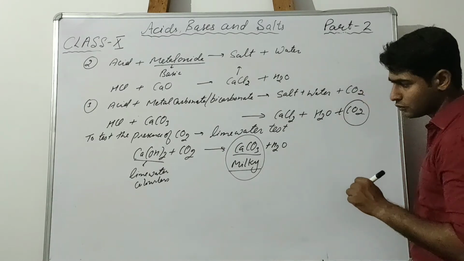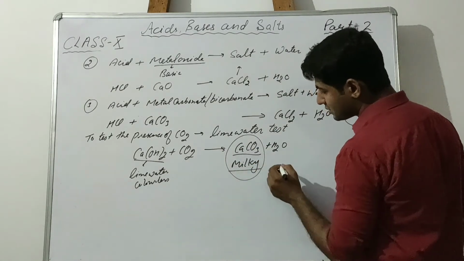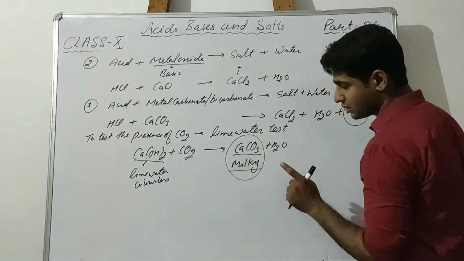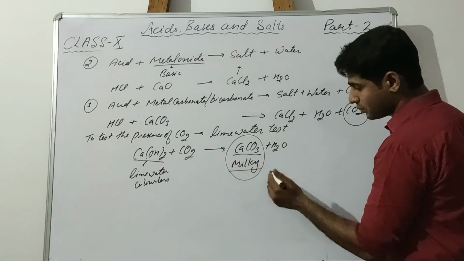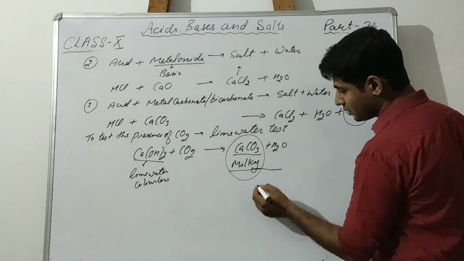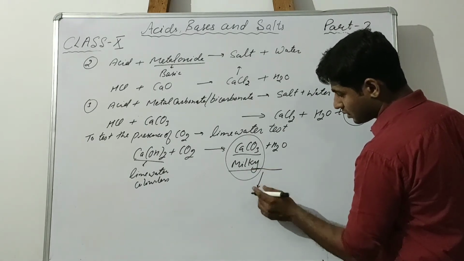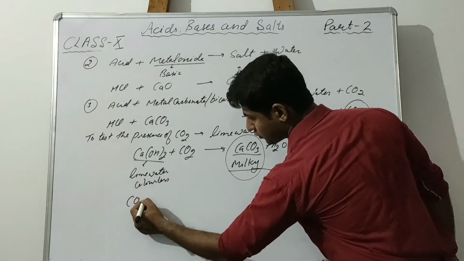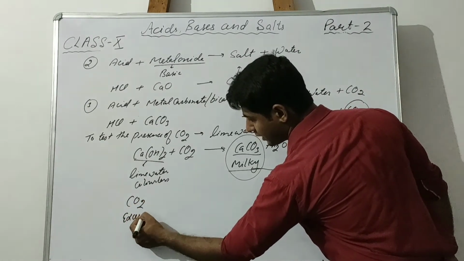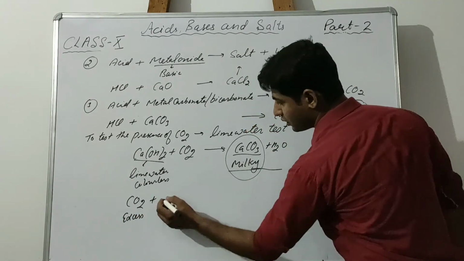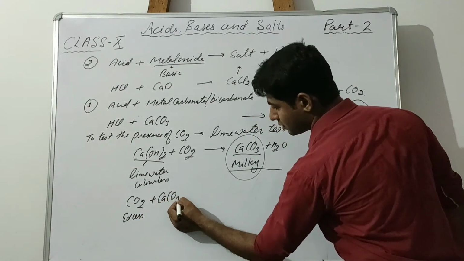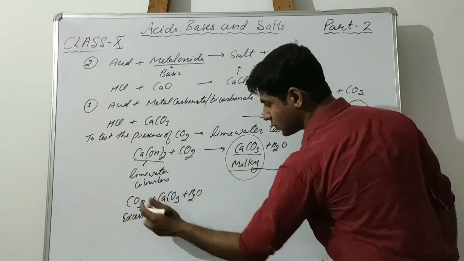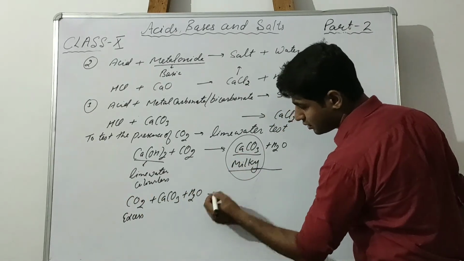One more thing, if we pass excess carbon dioxide during this reaction, then what happens? पहले तो ये प्रोडक्ट बनेगा, और ये प्रोडक्ट बनने के बाद एक्सेस अमाउंट में हम कार्बन डाइऑक्साइड पास करते रहे तो क्या होगा?